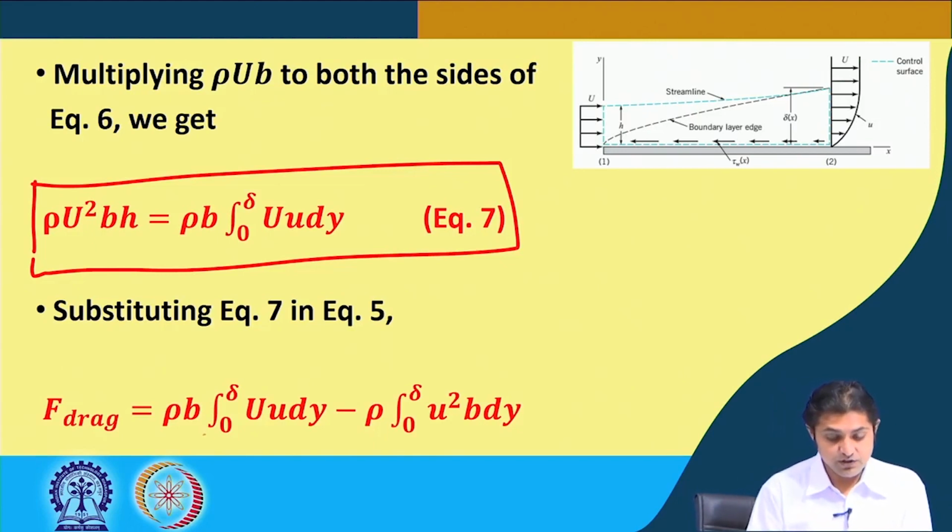F drag is going to be rho b integral. So, the idea was to substitute the first term in equation number 5 by this. So, it will be written as rho b integral 0 to delta capital U small u dy, and this was already there in equation number 5.